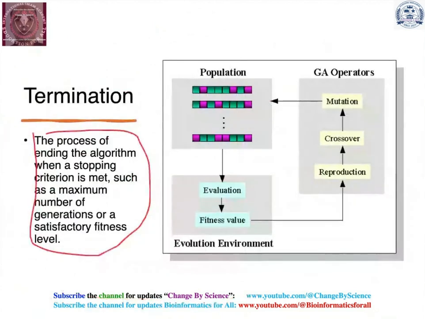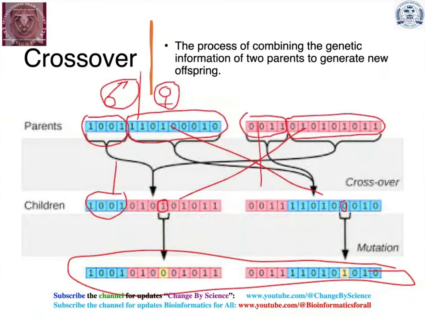The crossover term is missing in the case of evolutionary algorithm. The rest of the steps remain the same. So that is the only difference between the genetic algorithm and evolutionary algorithm. So that's overall about the genetic and evolutionary algorithm fundamental steps.